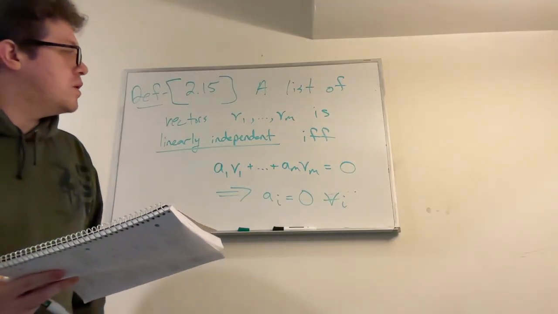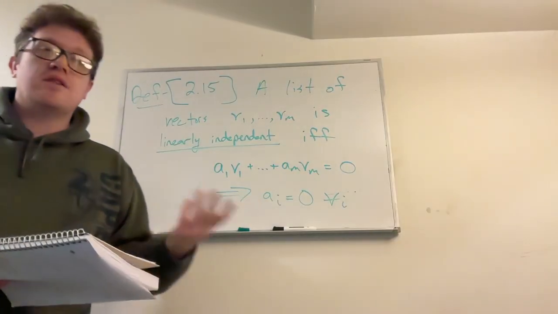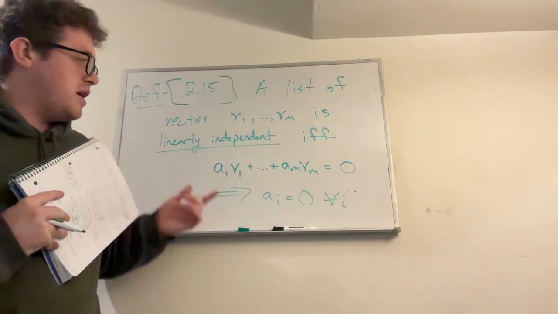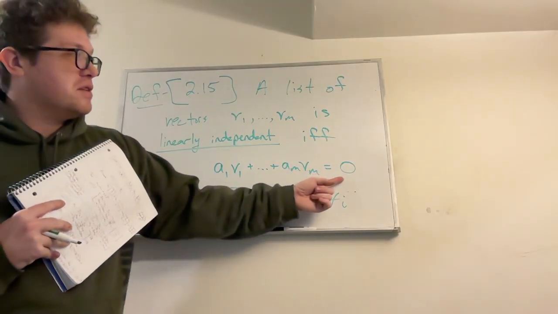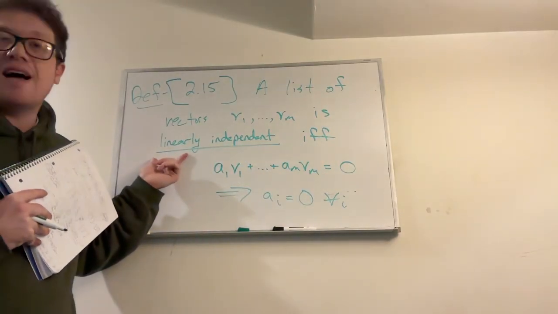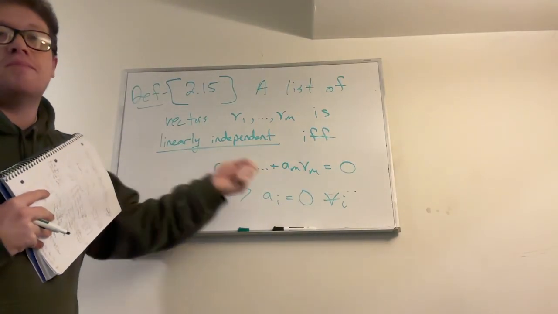We also say it's linearly dependent otherwise. So if there is some non-trivial linear combination that gives the 0 vector, then it's not linearly independent, it's linearly dependent.